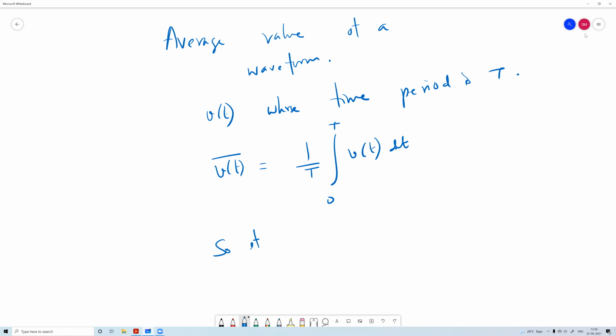So if v(t) is A naught sine 2 pi f t, what is this? Can you calculate what is the value of V average?